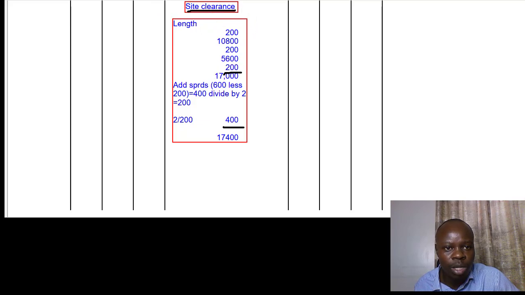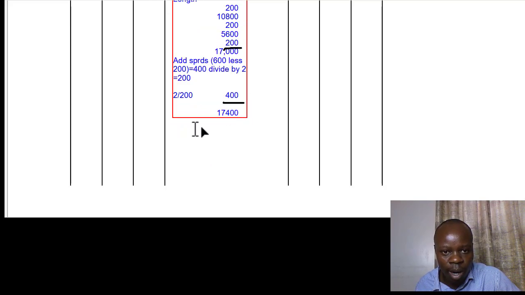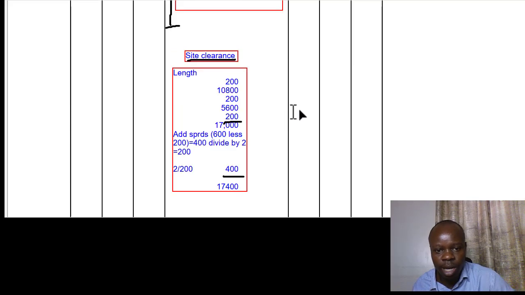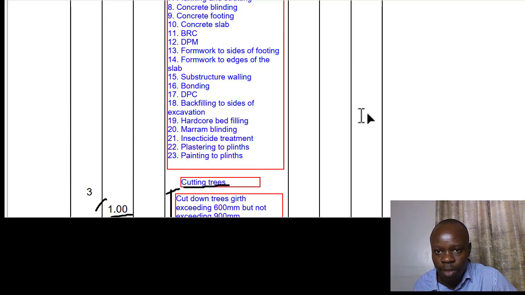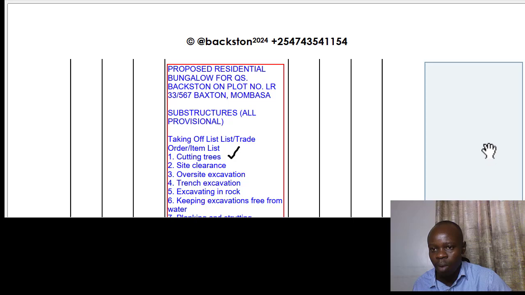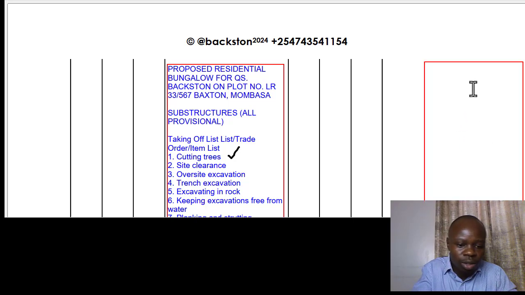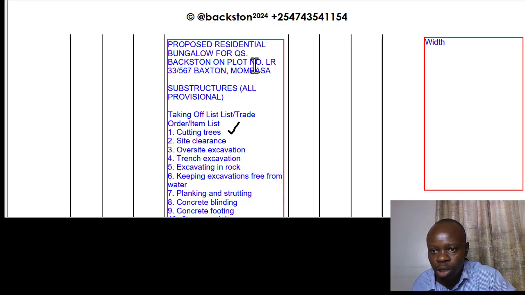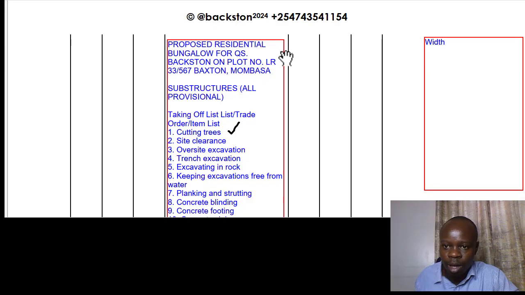We'll just adopt the same method that we were using in our calculation for the previous item. So this is the length. Then we'll also just use this at the next page to do our width. So we'll calculate the width in this part of the dimension paper called the waist. And for the width, of course, this is our reference plan.